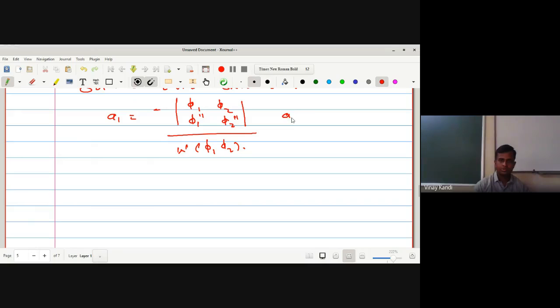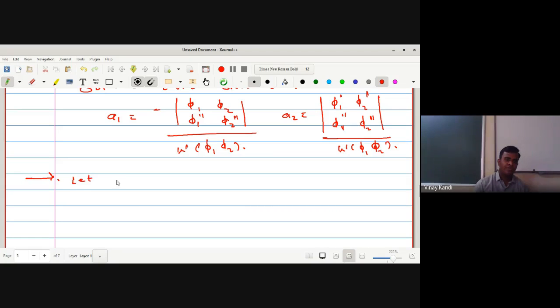Okay, and a2 is equal to determinant of phi 1 dash, phi 2 dash, phi 1 double dash, phi 2 double dash, upon Wronskian of phi 1 and phi 2. Okay, now solution.